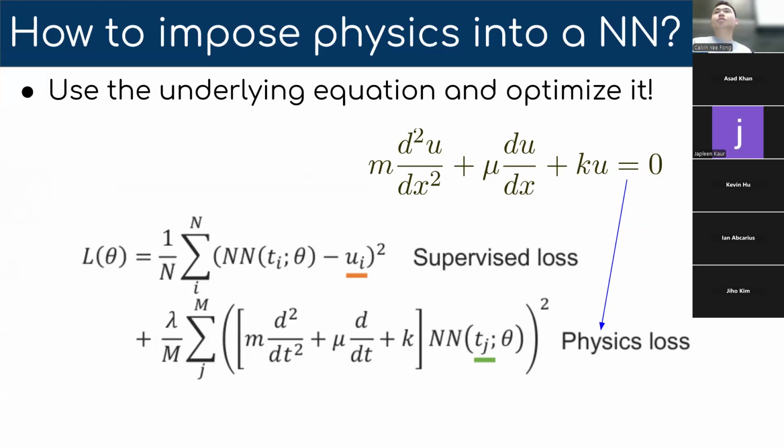And since you know the temperature follows a certain law of physics, if you manage to optimize that physics loss well enough, then you can be somewhat confident that your model is behaving the way it should be behaving.